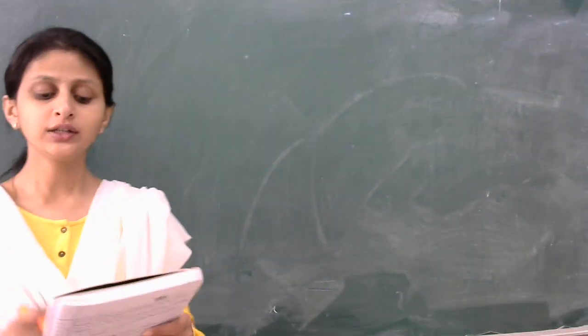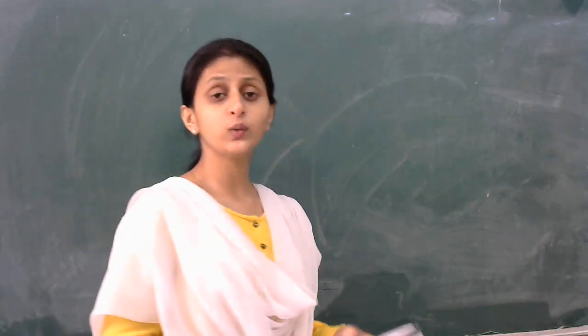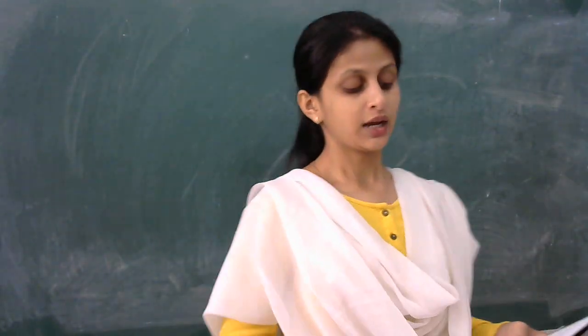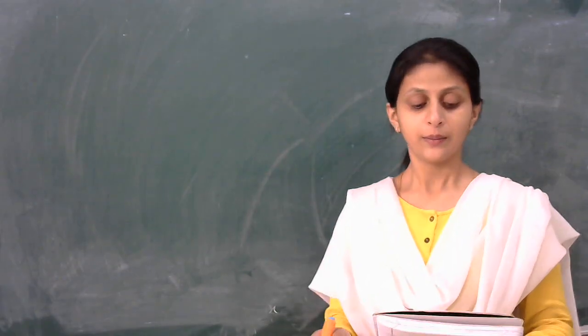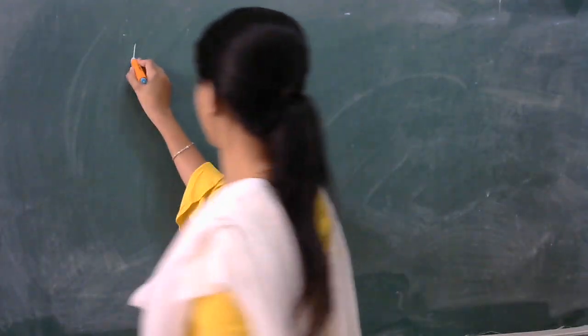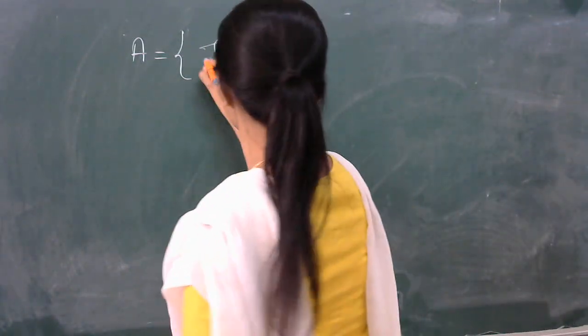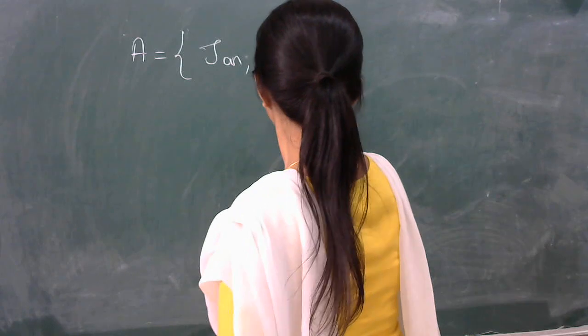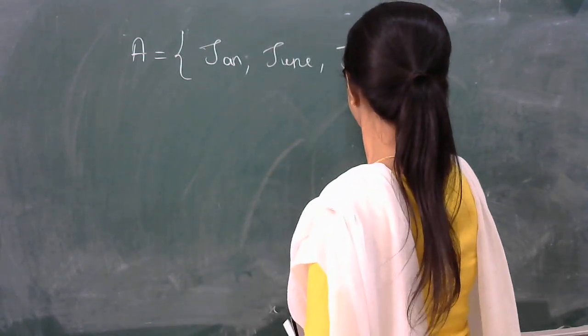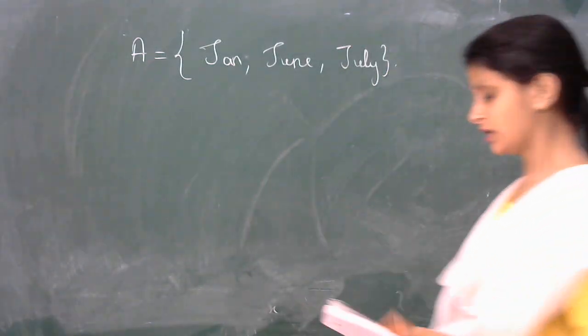The first one is given as the collection of all the months of a year beginning with the letter J. If you take that set, what is the collection of all the months of the year beginning with the letter J? It is January, June, July. Only 3, right?